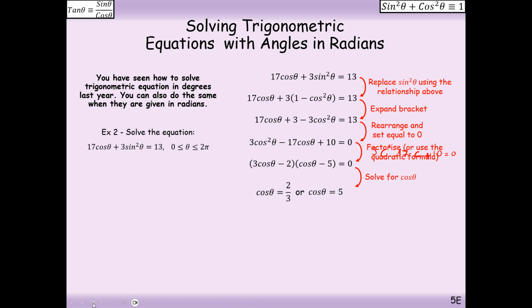So its absolute value is bounded by 1. Therefore, we will discard this answer here, and we take cos inverse of 2/3. Make sure you calculate this in radians, and the inverse cos of 2/3 in radians will tell us it's 0.84.